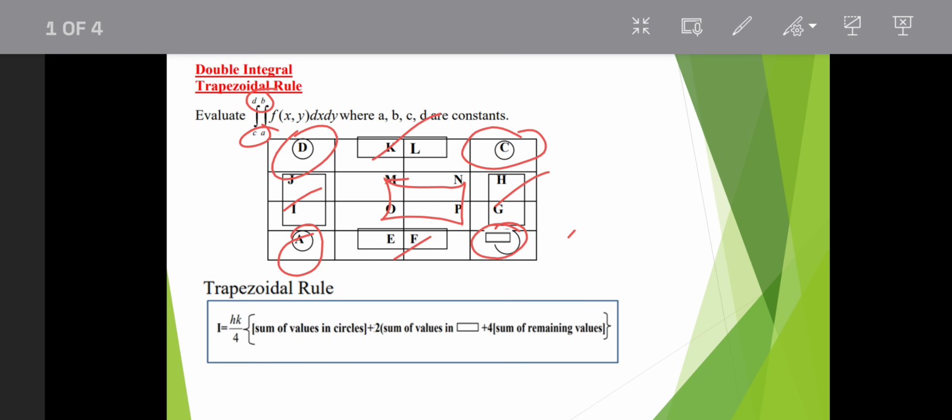Here h represents the spacing between successive points in the x direction and k represents the spacing between successive points in the y direction.